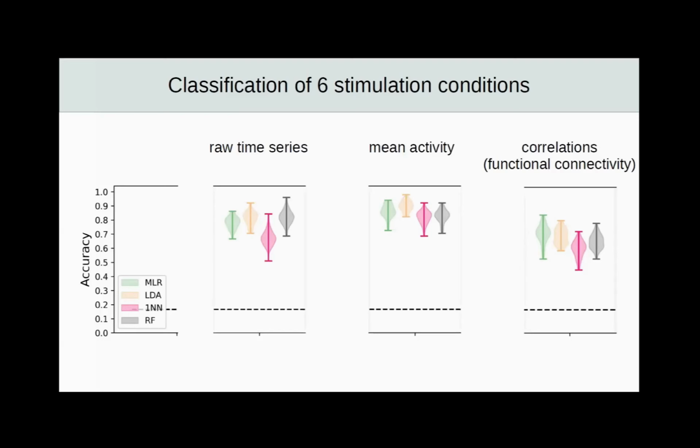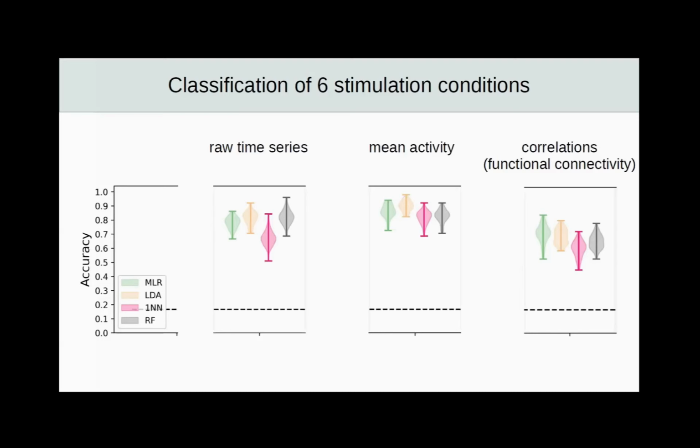The MLR is the linear regression, so it's pretty simple, and you can decompose it linearly as well. You take the matrix of functional connectivity, vectorize it, and push it into the linear decoder. This is just a data-driven step to see whether there is information there, whether these patterns of functional connectivity differ significantly across the different conditions.